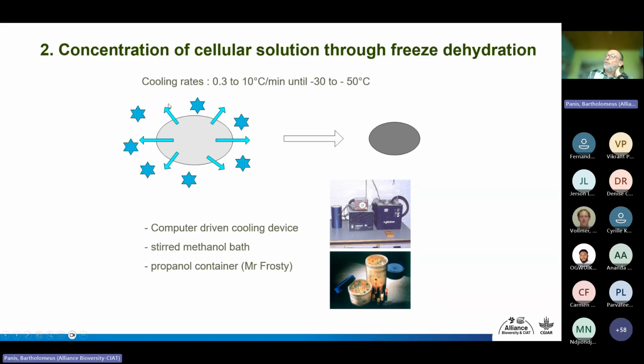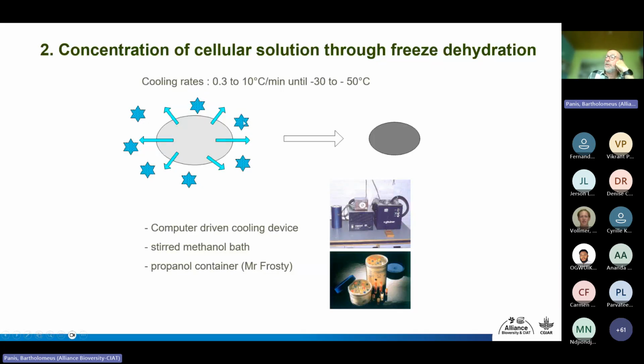You expose this cell or this tissue to gradually decreasing temperature, and this can be, for example, 1 degree Celsius per minute drop. First, crystals are formed outside the cells, extracellularly. Why? Because the osmotic content of the extracellular water is lower than inside the cells. So here, ice crystals will be formed.